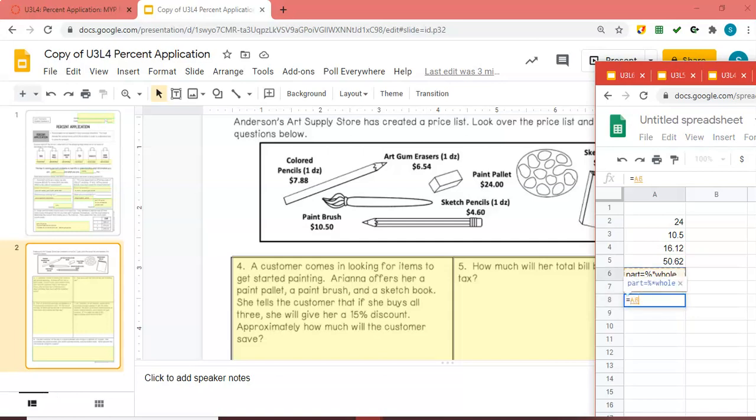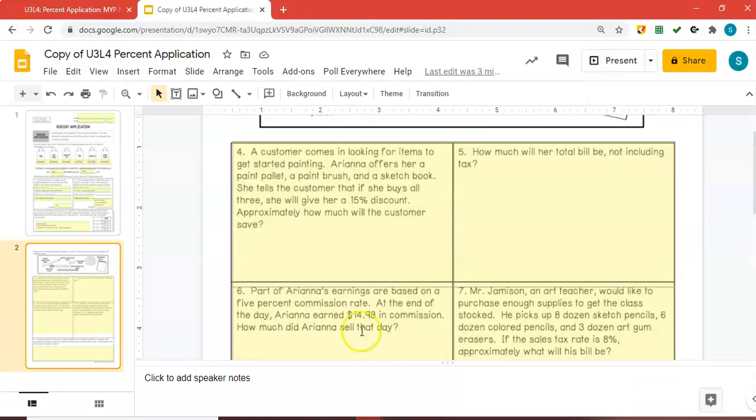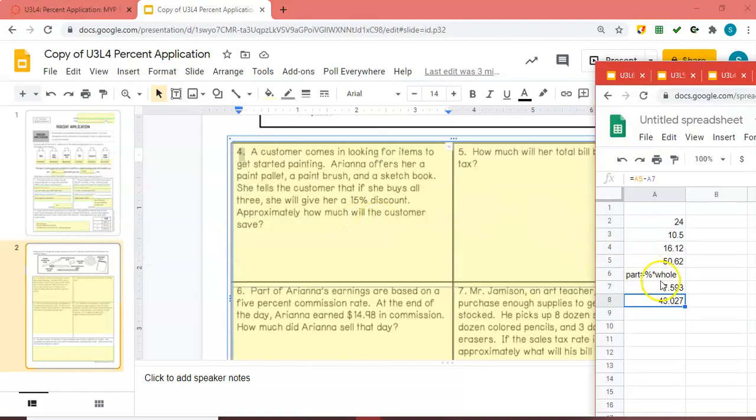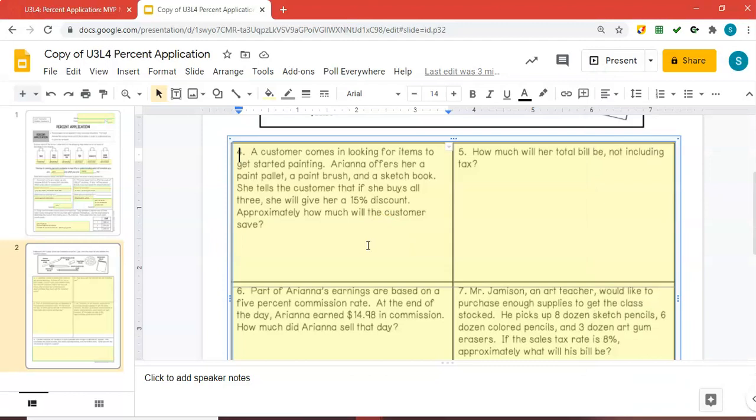So let's take the original price minus the 15% off, and the customer is going to pay $42.03. All right. How much will the customer save? Oh, I guess that was just our discount part. So the customer is going to save about $7.59.